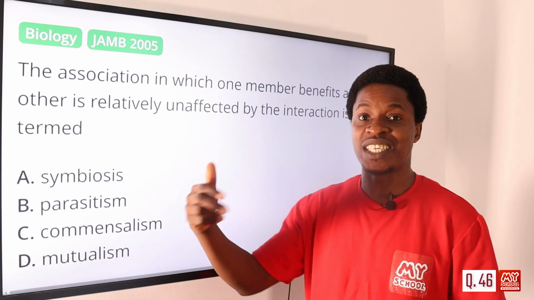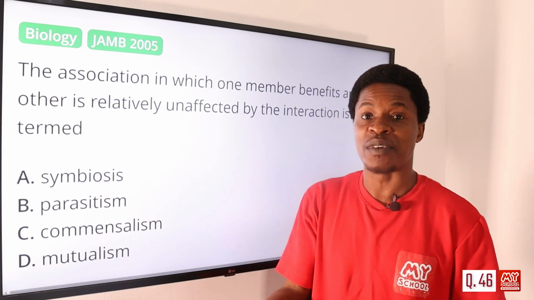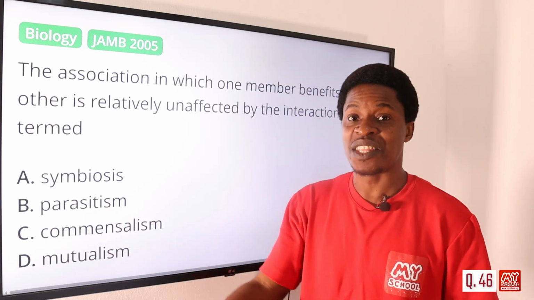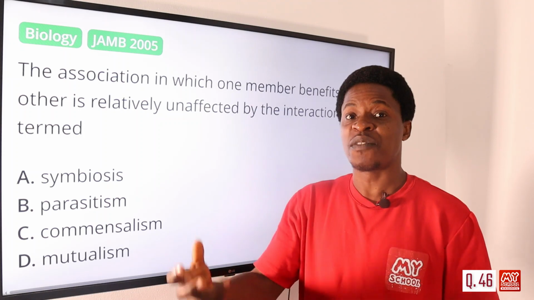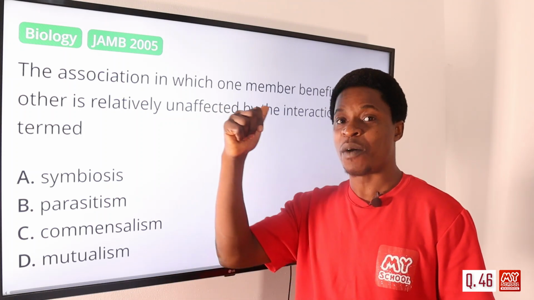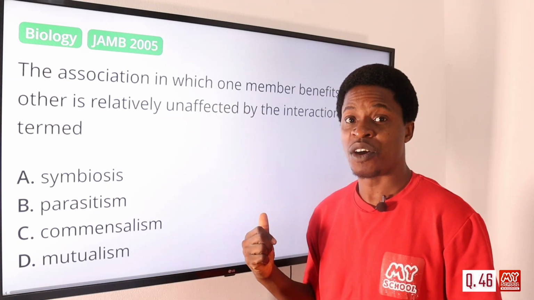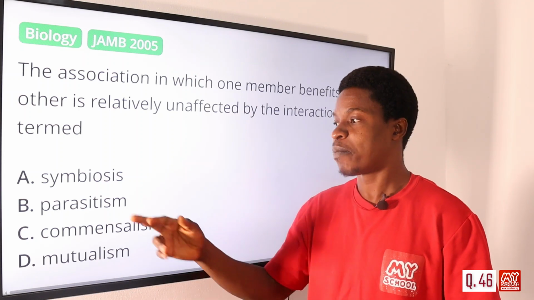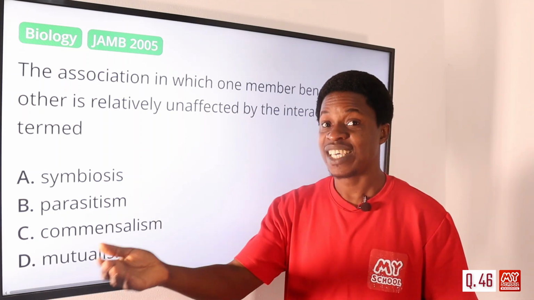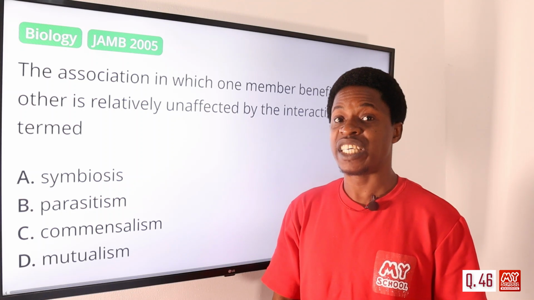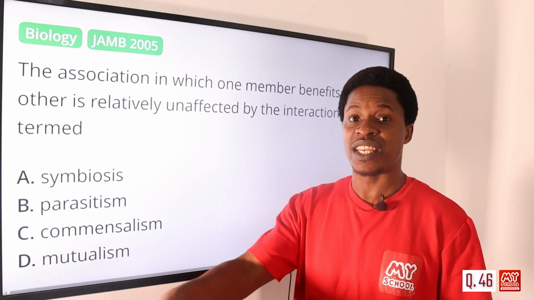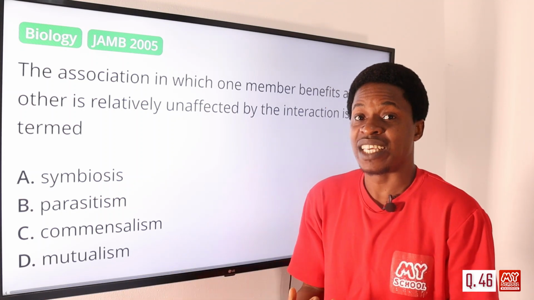But if one is giving and the other one is just consuming without giving, and as it is collecting from the other one, the other one is suffering loss or harm, we say that is what? Parasitism. So we say there is a parasite. The other organism is inflicting pain on the other one. It's benefiting and then inflicting pain.